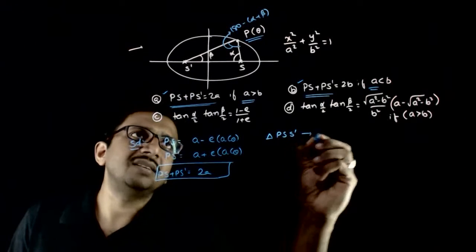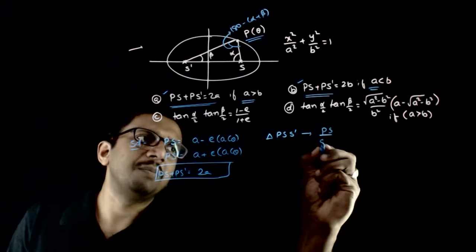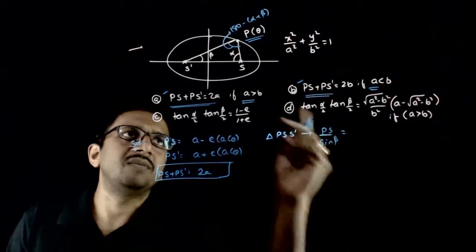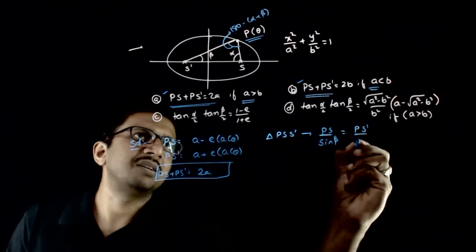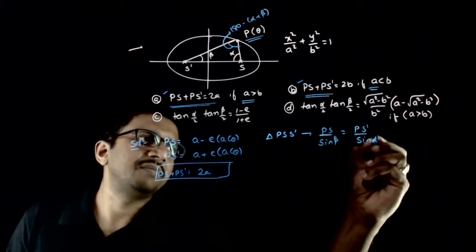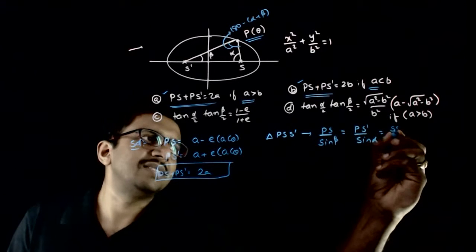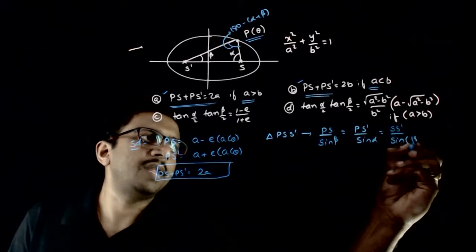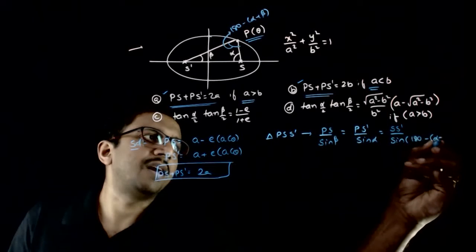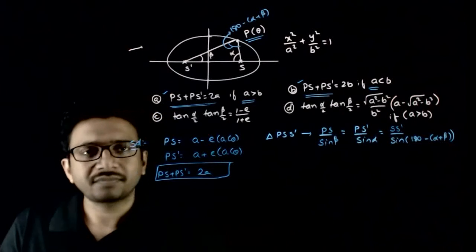The sine rule says that PS by sine beta is equal to PS dash by sine alpha is equal to SS dash by sine of 180 minus (alpha plus beta).